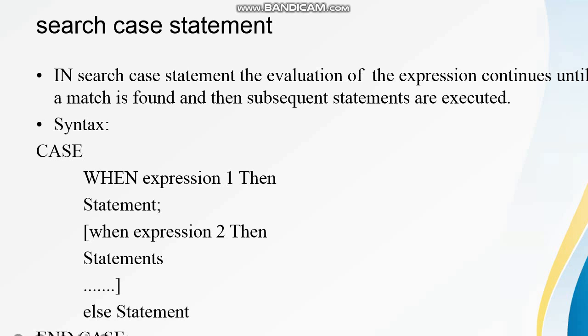Syntax: case when expression 1, then execute the statement. When expression 2: if expression 1 is not met, then evaluate expression 2. If this is met, then that particular statement is executed. If none of the expressions evaluates to true, then the else statement is executed, right?